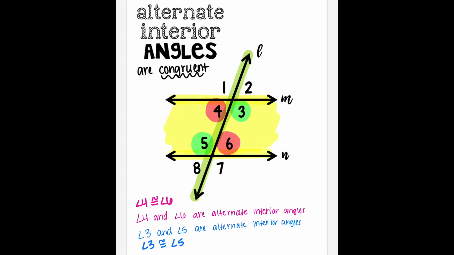Okay, so now instead of having consecutive interior angles, we have alternate interior angles. So again, we're talking about interior, so we're in between the 2 parallel lines. But instead of being on the same side, they're actually in the opposite locations. So for angle 4, that is located in the top left of the yellow region, right?